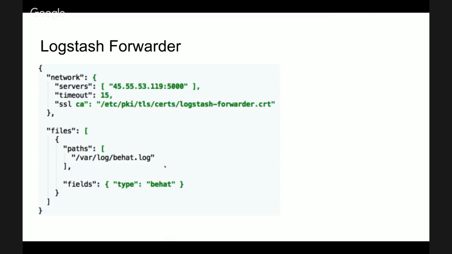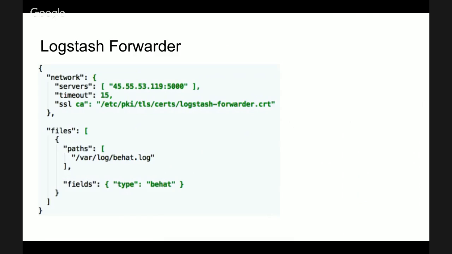Each worker had a Logstash forwarder, and the Logstash forwarder is the tool that actually transfers logs from one server to another. So every worker has a Logstash forwarder, and the ELK server had Logstash that was consuming all those logs and placing them in Elasticsearch.